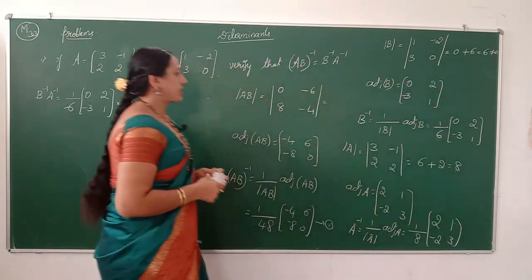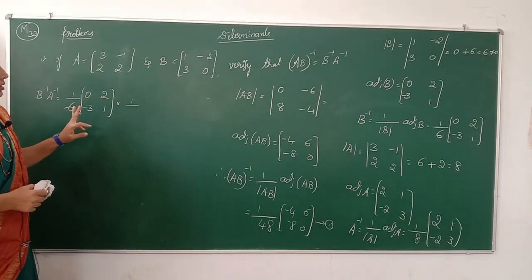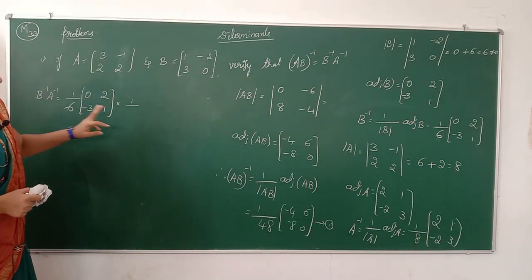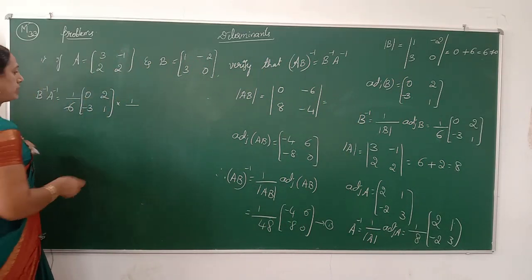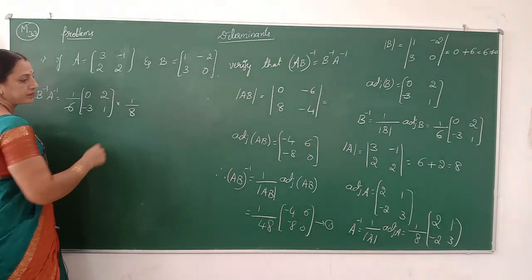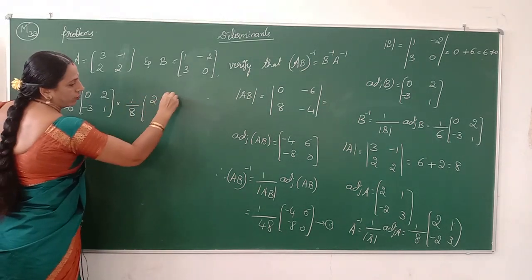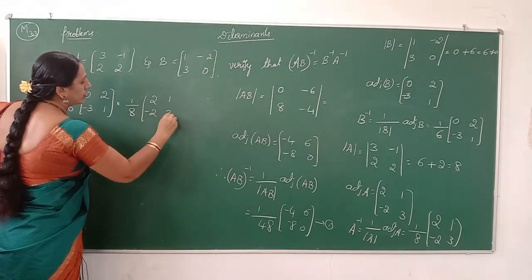So 1 by 6 of [0, 2; -3, 1] into A inverse, which is 1 over 8 of [2, 1; -2, 3].